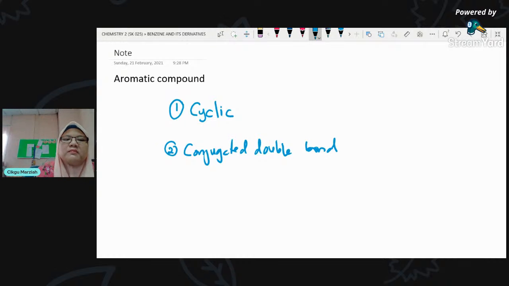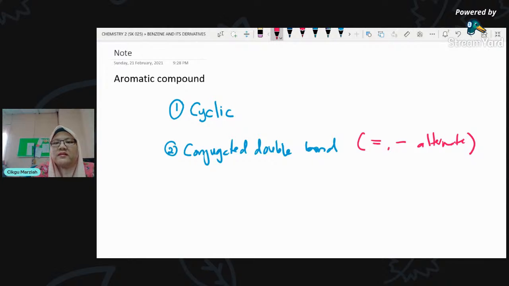So what does it mean by conjugated double bond? Dah ada cyclic, dia kena ada conjugated double bond. Conjugated double bond means the double bond and single bond alternate. So this is one of the example. This is cyclic 6, and suddenly we have alternated double bond.